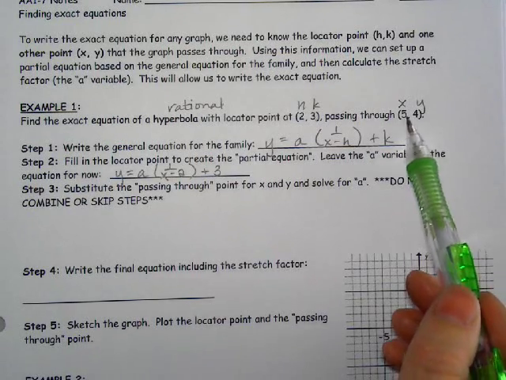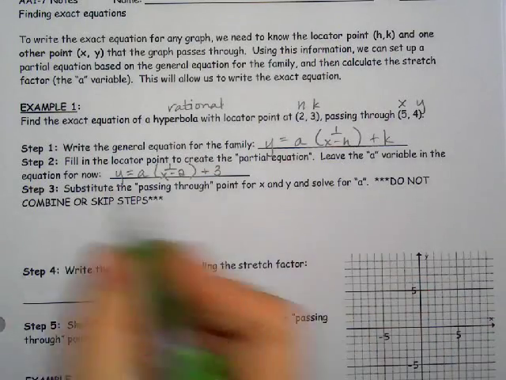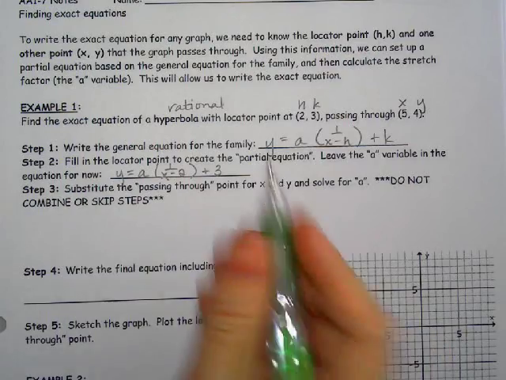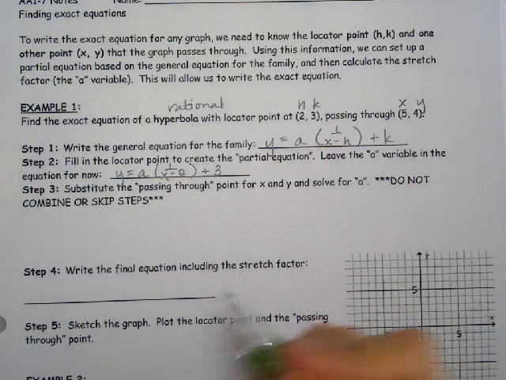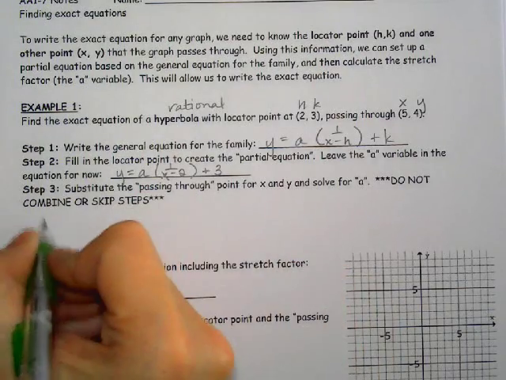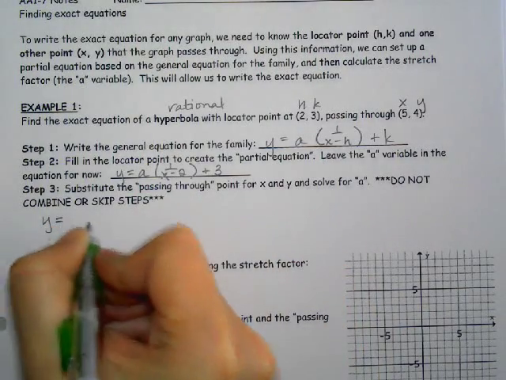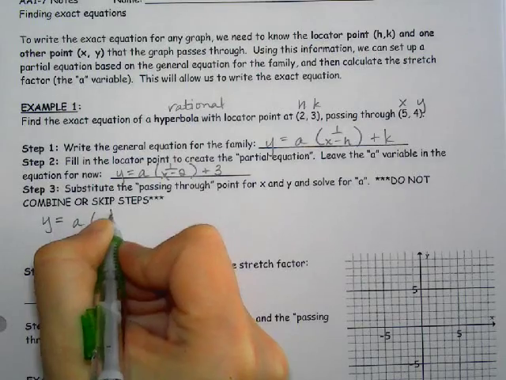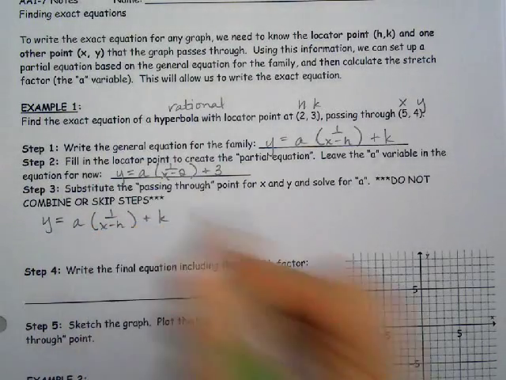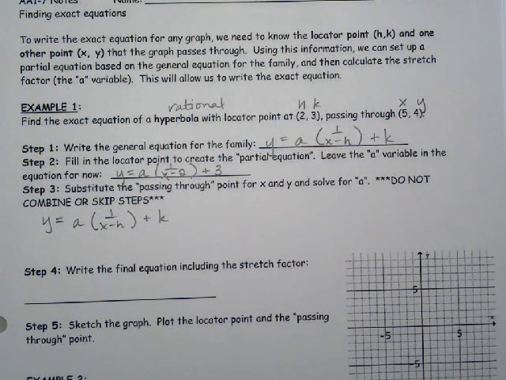So then now I'm going to plug in my x and y as well. So instead of y, I have 4. So actually, I'm going to show you what this looks like from the beginning. If you do this part, I would write it lightly. So I have my general equation. So that's my general equation.